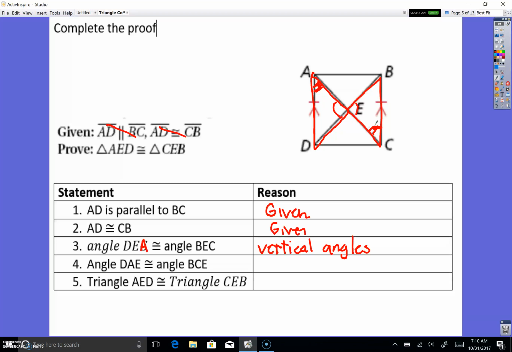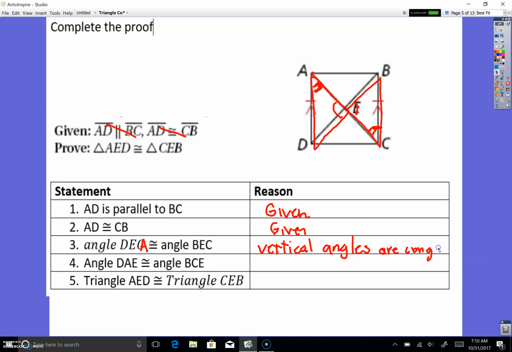If you look at it, these two lines are parallel. So remember, when they're parallel, you need to use either corresponding angles or alternate interior angles. Here we have alternate interior angles again. So for this one right here, we say vertical angles are congruent.